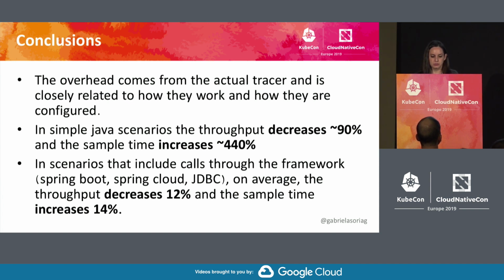In scenarios that include calls through the framework like Spring Boot, Spring Cloud, or JDBC, on average, the throughput decreases around 12%, and the sample time increases around 14%. I have to mention that these numbers are comparing a non-instrumented scenario with one instrumented with the Jaeger tracer.